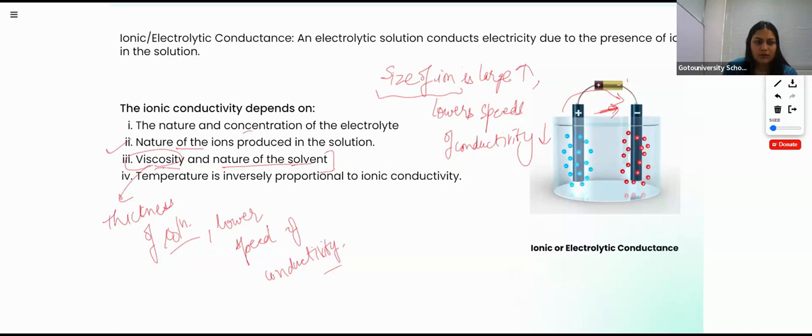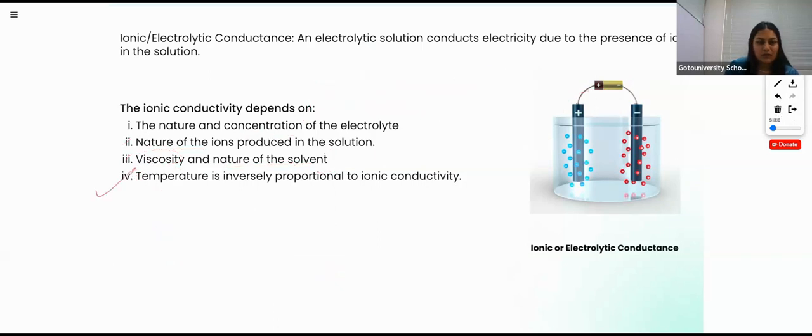Next, if we talk about the concentration of the electrolyte, then with the increase in concentration of the electrolyte, the conductivity decreases.